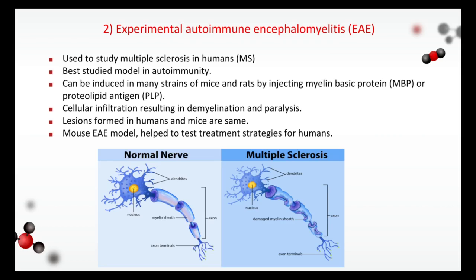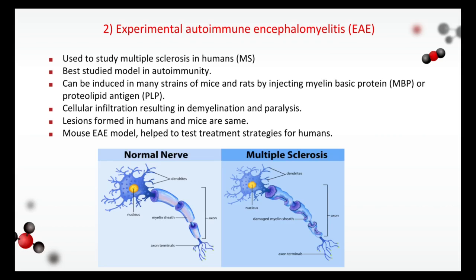This can lead to paralysis. In this encephalomyelitis, lesions are formed inside the CNS. These lesions are the same in humans and the animal model. Mouse was used as an experimental model for EAE, and it helped us vastly to test treatment strategies which can be used against multiple sclerosis of humans.